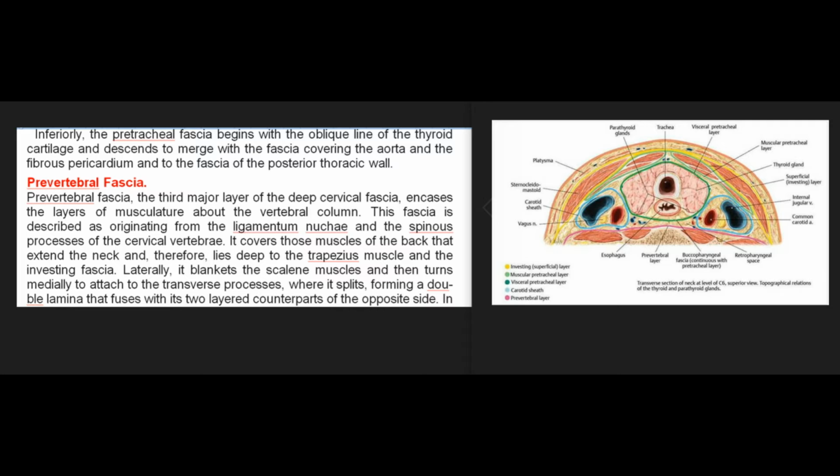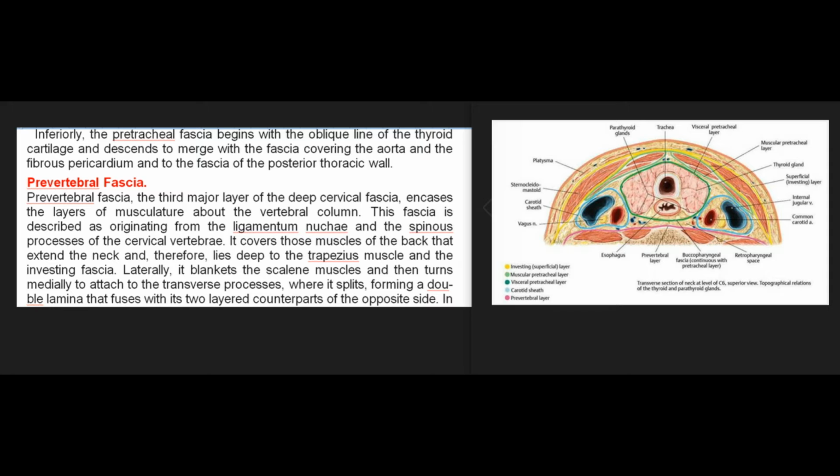Prevertebral fascia. Prevertebral fascia, the third major layer of the deep cervical fascia, encases the layers of musculature about the vertebral column. This fascia is described as originating from the ligamentum nuchae and the spinous processes of the cervical vertebrae. It covers those muscles of the back that extend the neck and, therefore, lies deep to the trapezius muscle and the investing fascia.